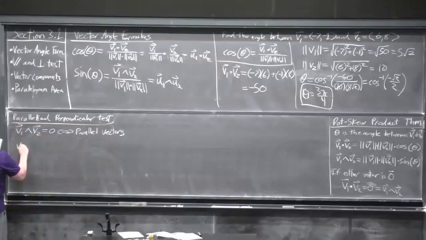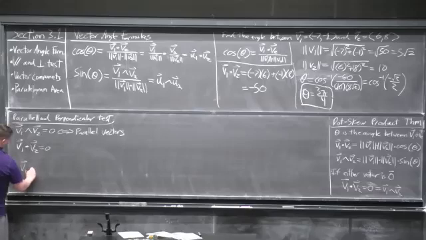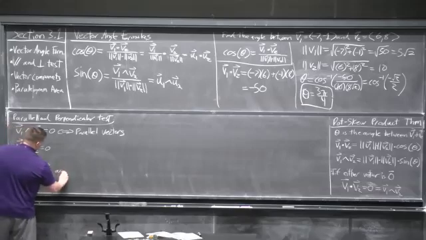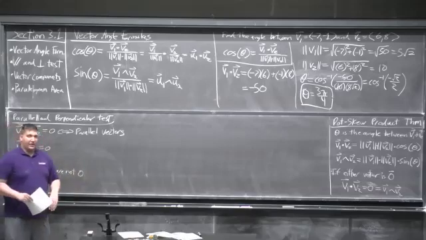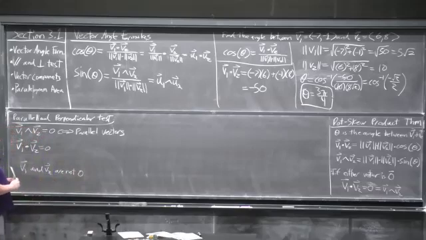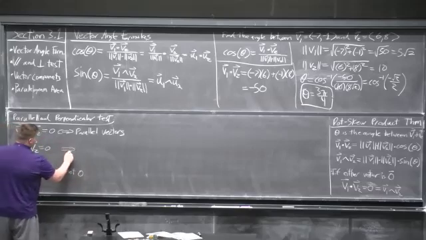Well, if I have v1 dot v2 equaling 0, and again, v1 and v2 are not 0. Because if they're 0, then it's kind of trivial. It doesn't matter what I did with them. But what does this mean?